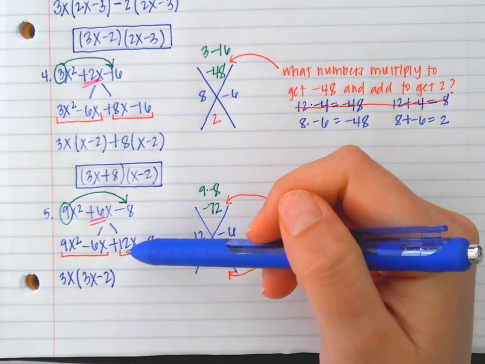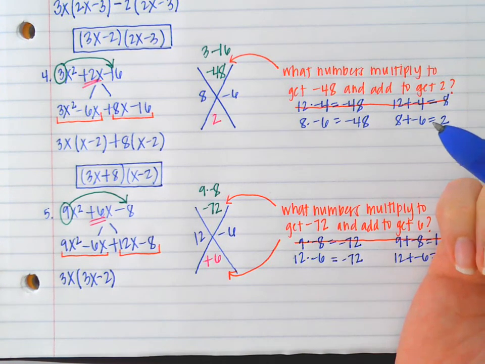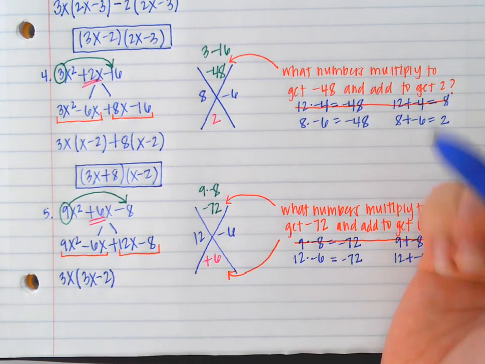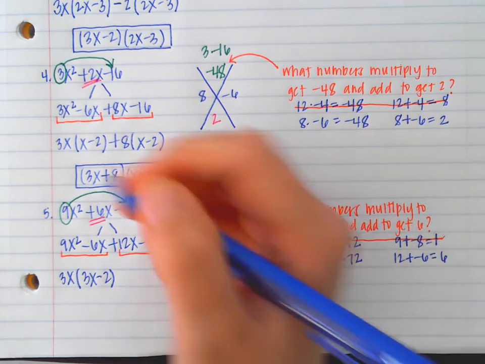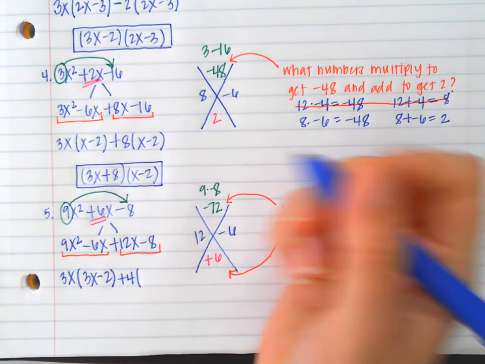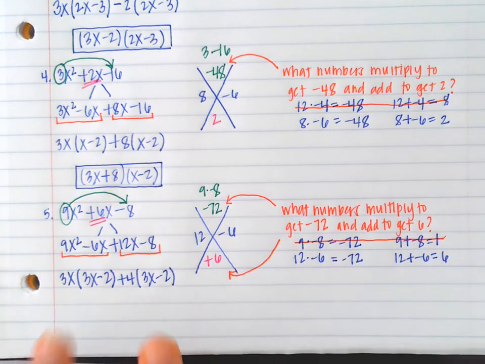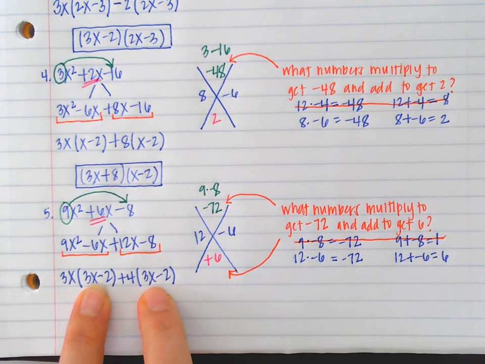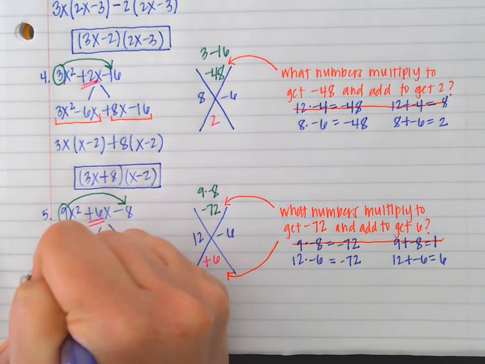And then I think about, well, what number goes evenly into 12 and negative 8? Well, not 8 because 8 doesn't go into 12, so I have to think smaller. My next smaller number is 4, so I'm going to bring plus 4. So 12x divided by 4 is 3x. Negative 8 divided by 4 is negative 2. Are these the same? Yes, they are. So we're good. We can write our final answer.